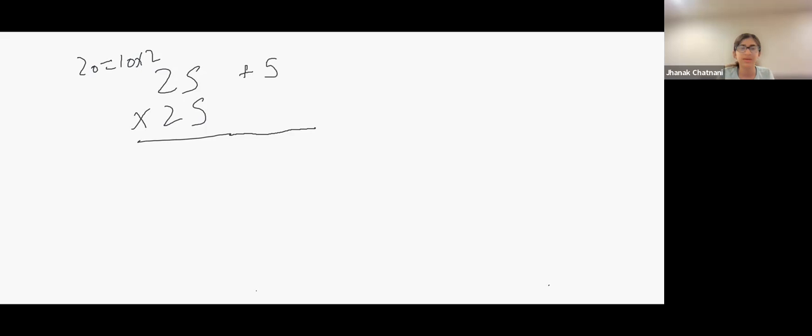Yes. And then you do the same thing down below. And then you'd have the line just to separate the two. And then you do 5 times 5 is 25. So on one side of the line, you'd have 25. And then 25 plus 5 is 30, so you'd put 30 on the other side. Then you'd multiply 30 by 2.